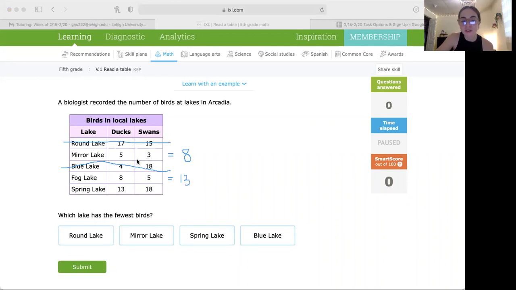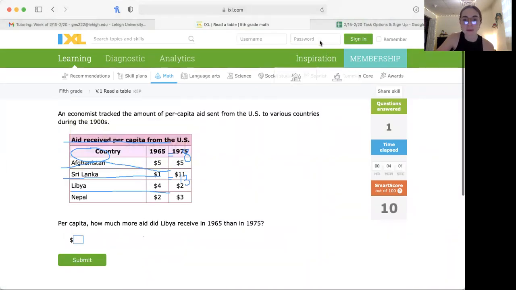And that is larger than 8 as well, so we can cancel that one out. And then Spring Lake has 13 ducks and 18 swans, also more than 8, so we can cancel this one out. And then your answer is Mirror Lake. So now we'll answer. Select Mirror Lake, has the least number of birds, submit, and that's correct.